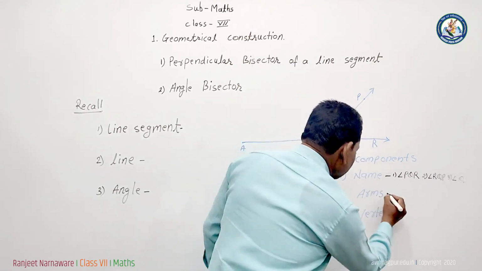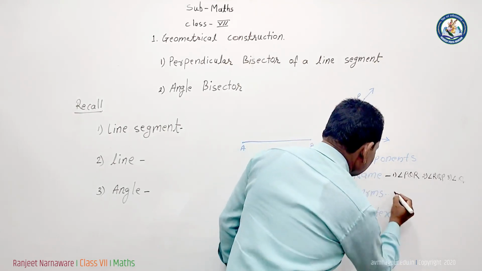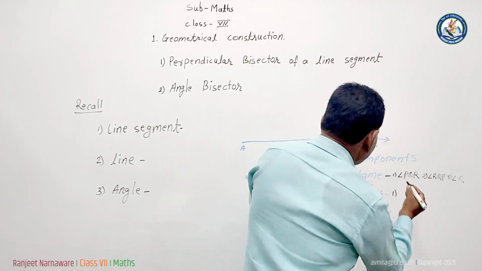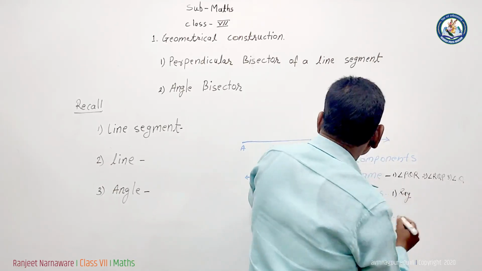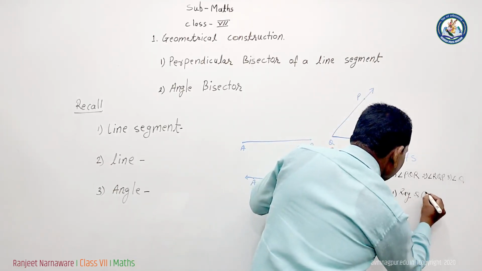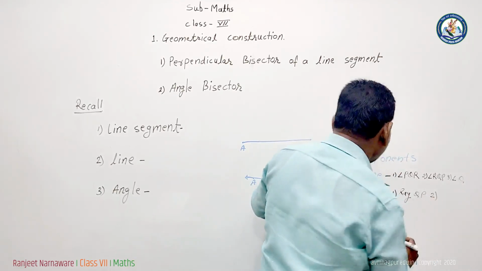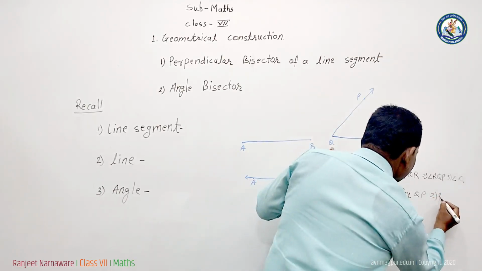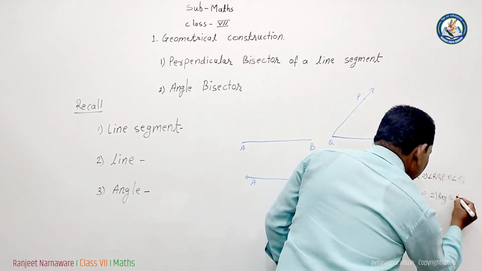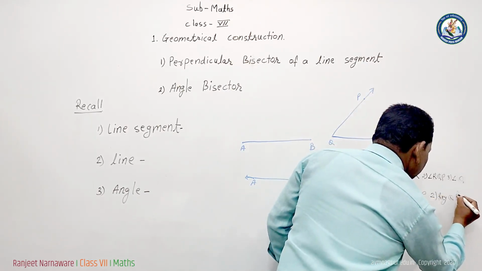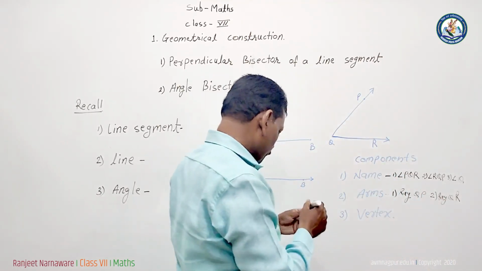First one is ray QP and the second arm is ray QR.